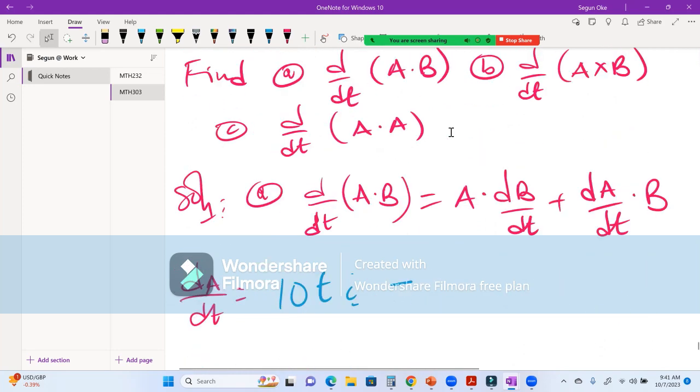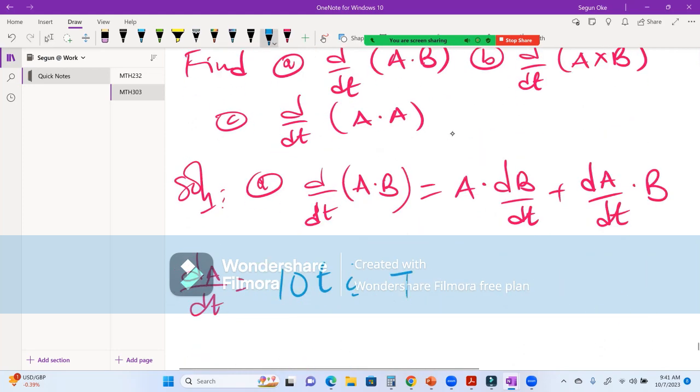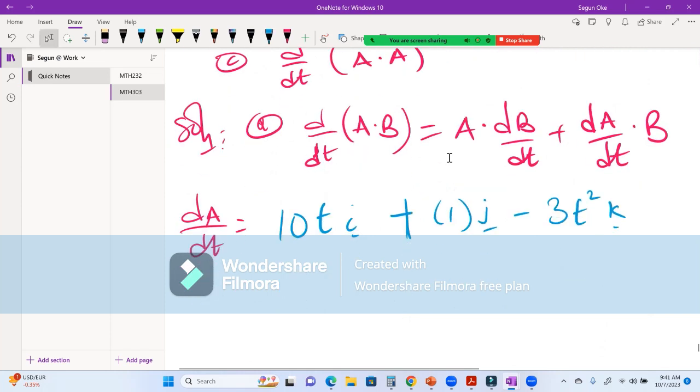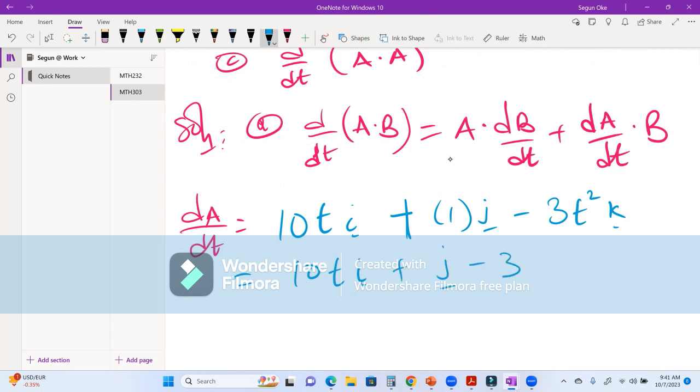Then when you differentiate t, you have 1, plus j, and minus 3t squared k. Do we all agree? Yes, sir. So at the end of the day, you have dA/dt equals 10t i plus j minus 3t squared k.